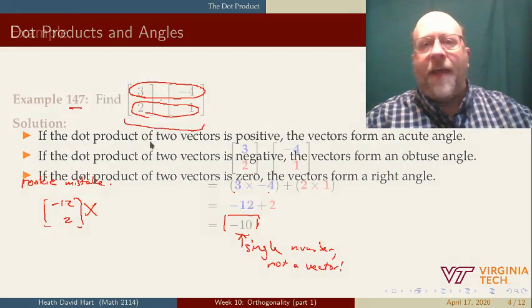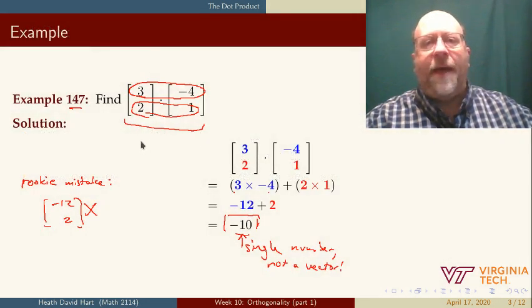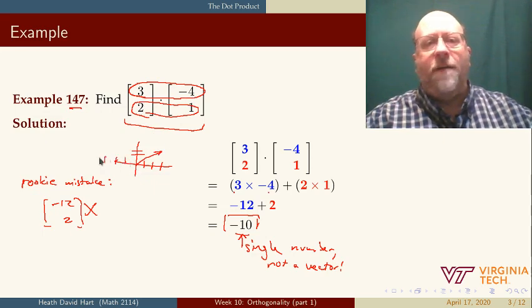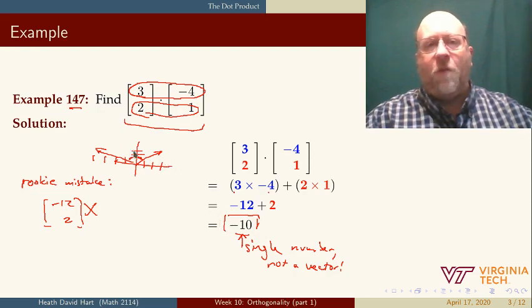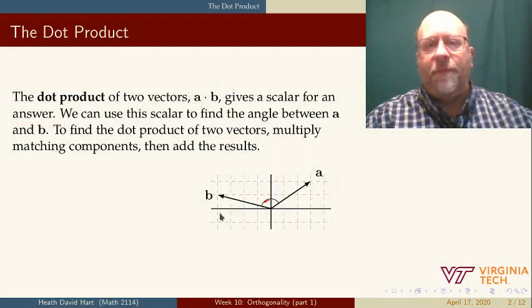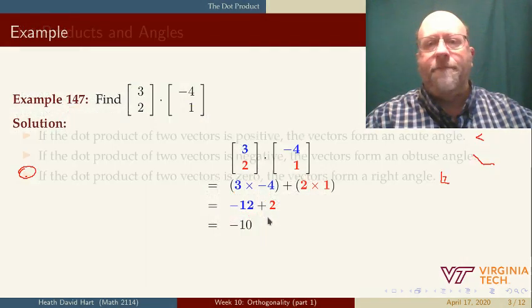If we go back to the last example, if I were to plot the vector 3, 2, and the vector -4, 1, it's pretty clear that the angle there is an obtuse angle, and I got a negative dot product. And the negative sign is what tells me that the angle is going to be obtuse. Okay?